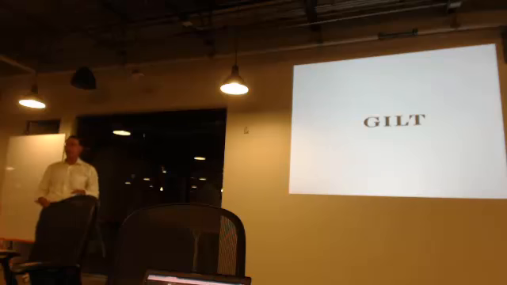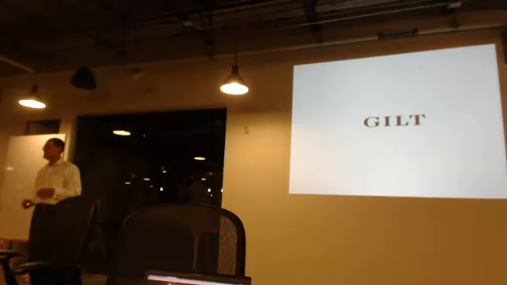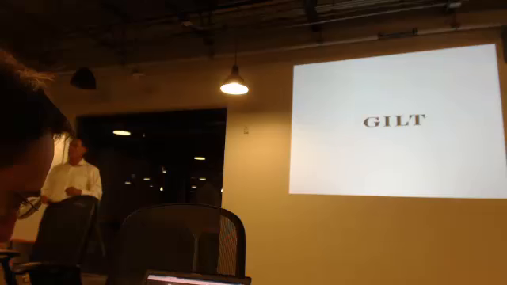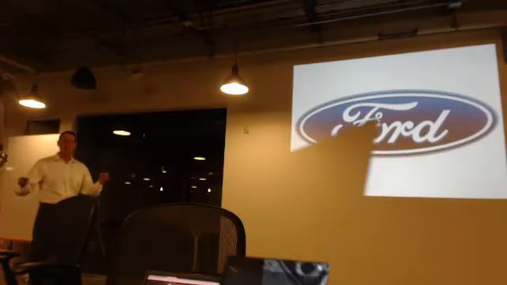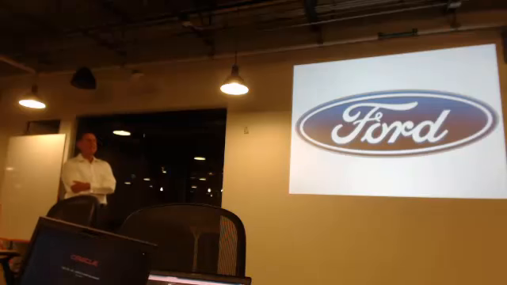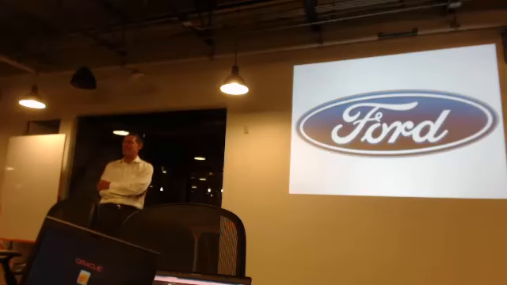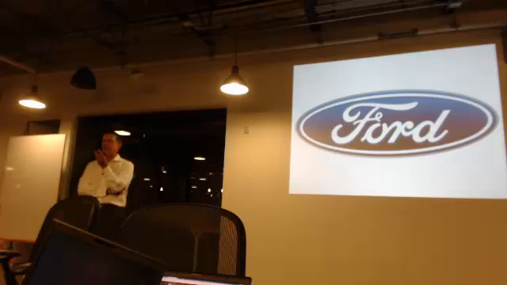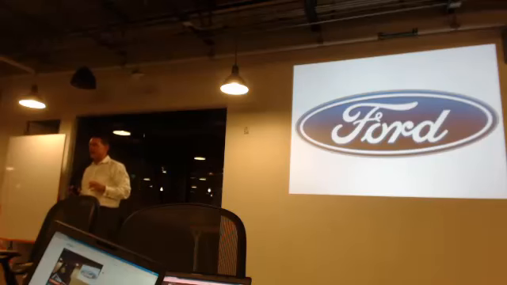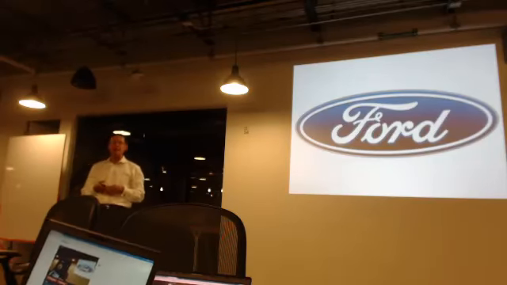Guild, I think, is another one, an e-commerce site that is using machine learning algorithms to specifically target certain products at certain people based on their usage. Ford uses this. Ford's actually one of the leaders in data science. They do it basically two ways. One, they are looking at consumer trends.